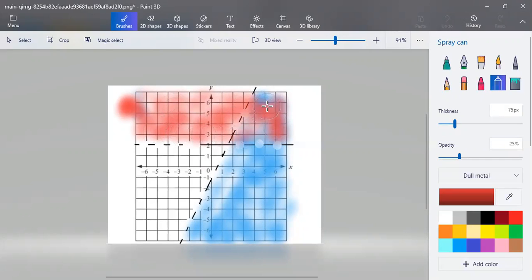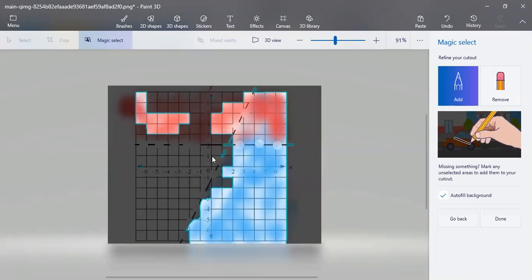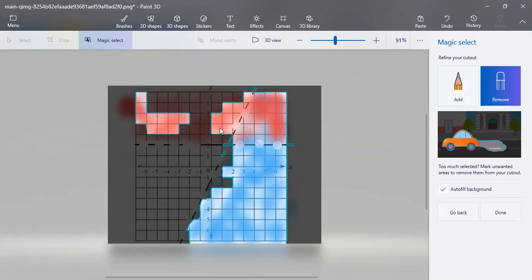Now from this, let's see which part is being shaded by both the inequalities. All I can see is that this part only is being shaded by both.